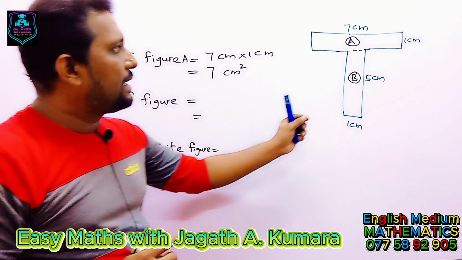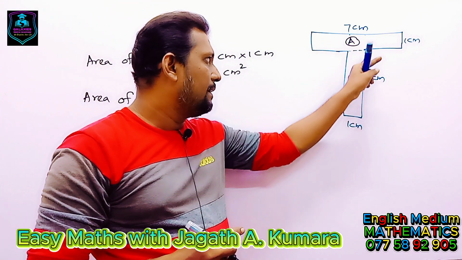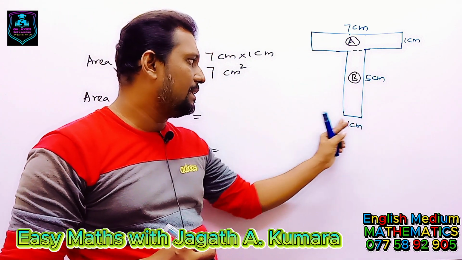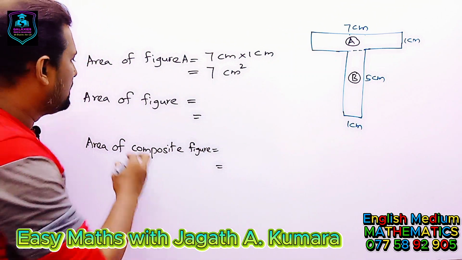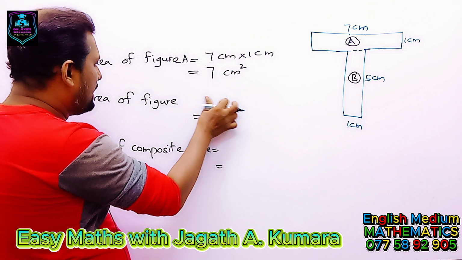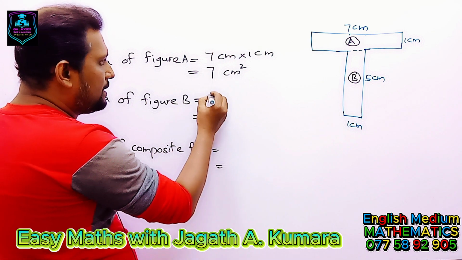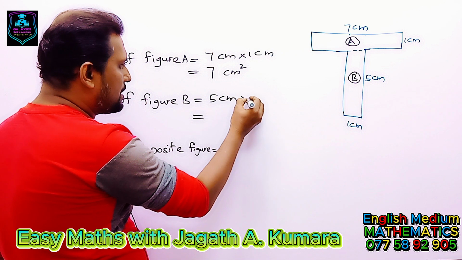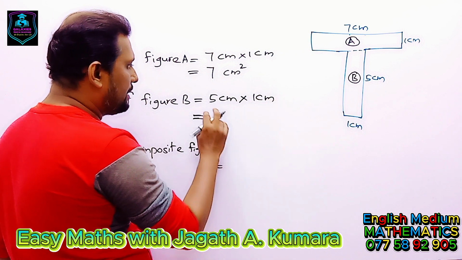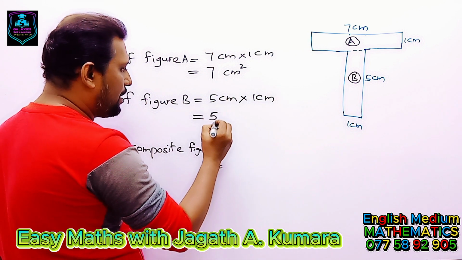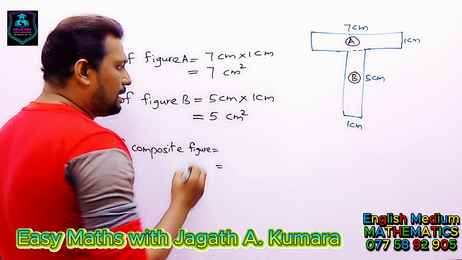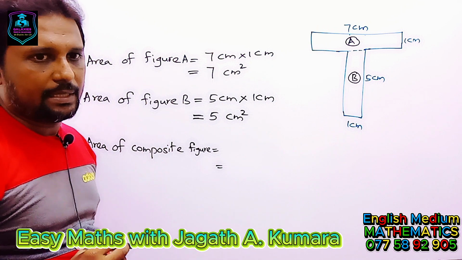Then also we can find the area of figure B. Length is 5 centimeters, breadth is 1 centimeter. So area of figure B, 5 centimeters multiply 1 centimeter. 5 times 1 is 5. The area is 5 square centimeters, right?